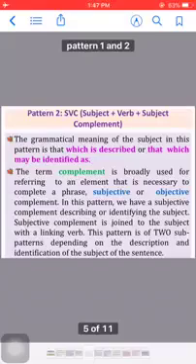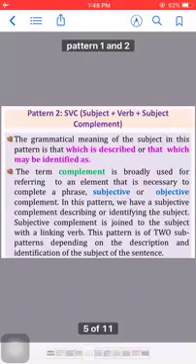Whenever we come across a pattern, we talk in terms of the structure of the pattern, the components of the pattern, and the grammatical meaning of each element within it. You remember we said earlier that with pattern number 1, the grammatical meaning of the subject is that of the doer of the action.